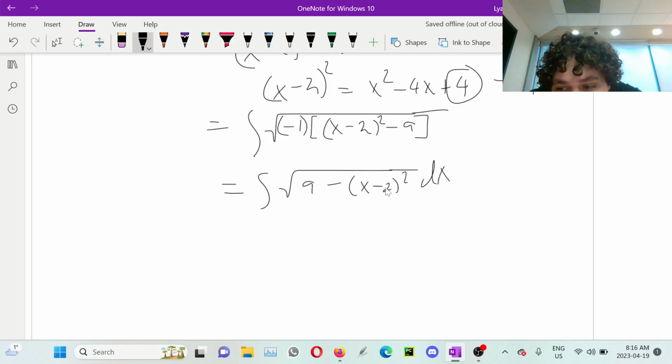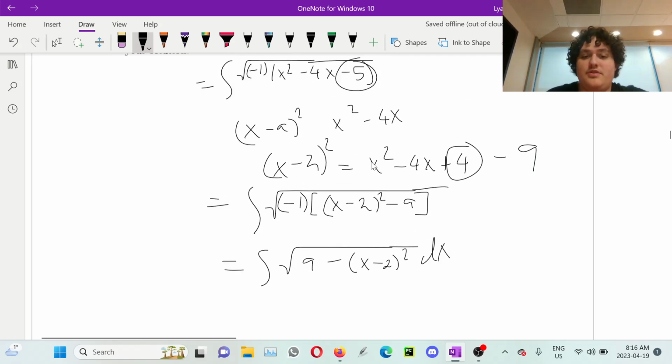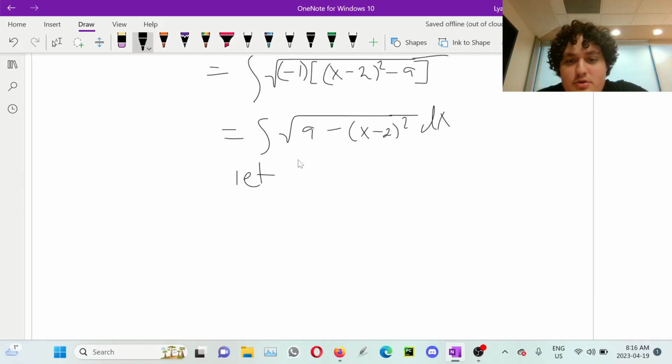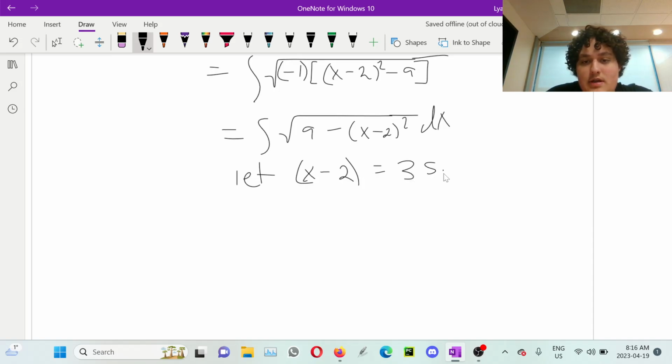It doesn't really matter, but by convention we use sine, so let's do that. You could also use cosine, but I'll use sine. The reason why I put a 3 here is so when I square it I'll get a 9, which I can take out, so I'll have 1 minus sine squared, which is what I want.